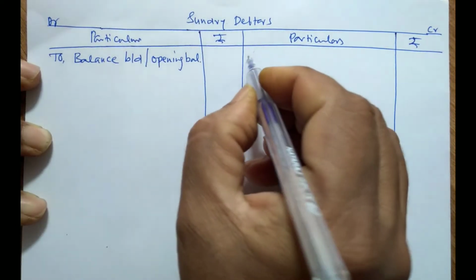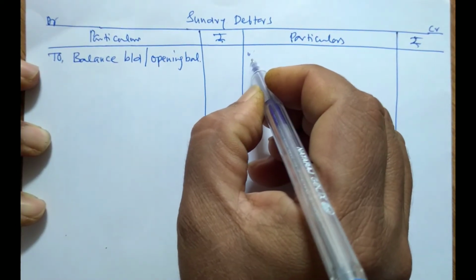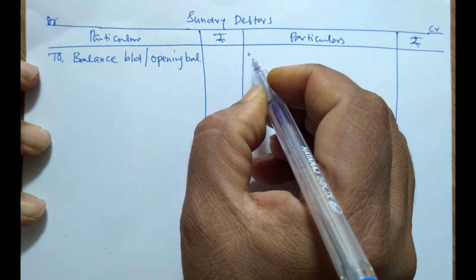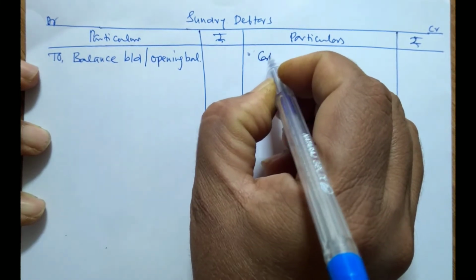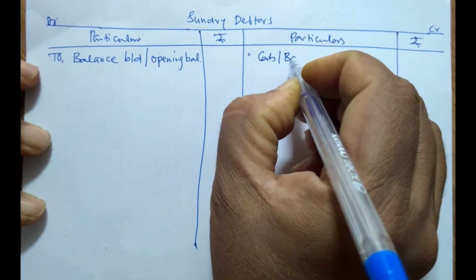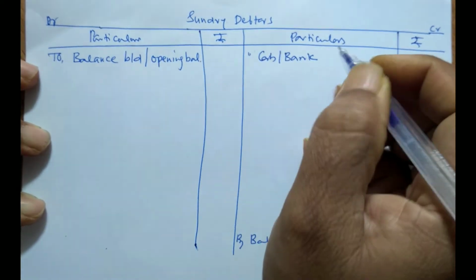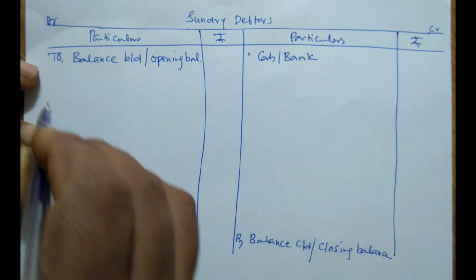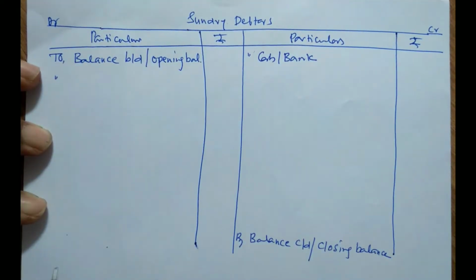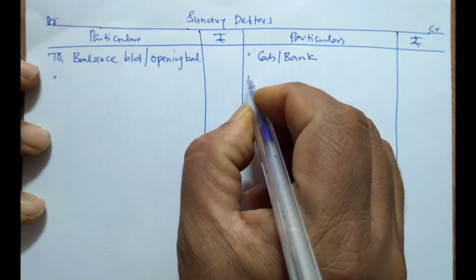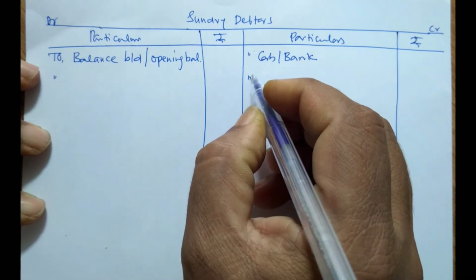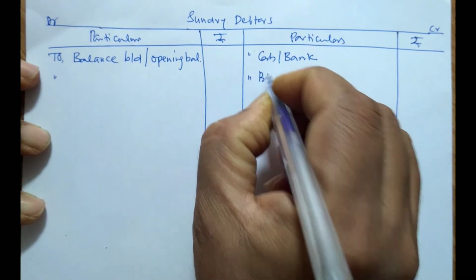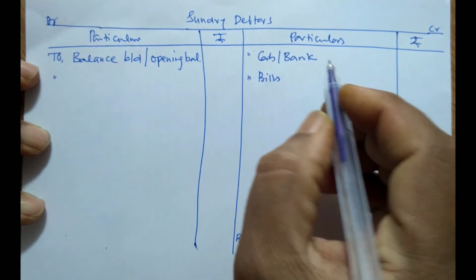Any cash received from debtors must be credited to debtors account by cash or bank. Anything received from the debtors. Bills receivable received during the year must be credited to the debtors account.